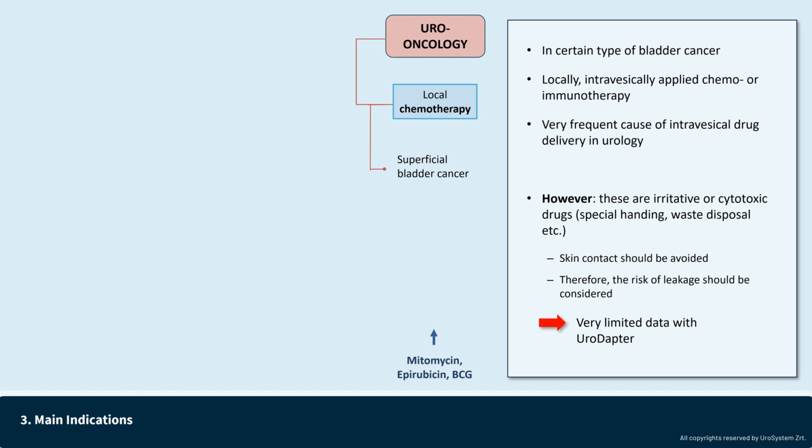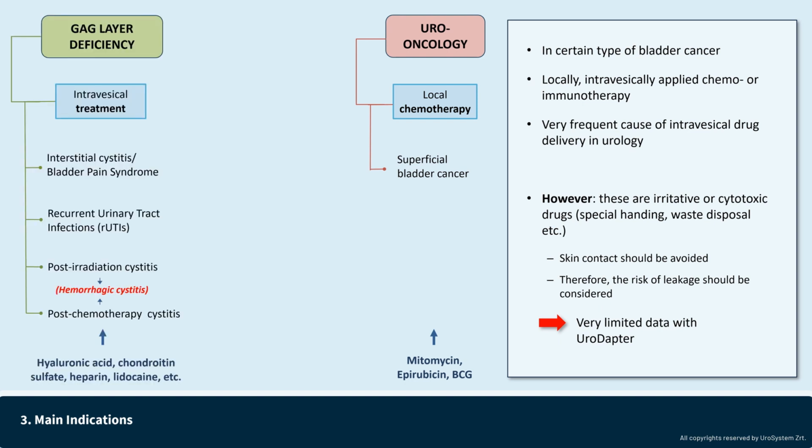When we talk about the use of UroDapter related to different oncological indications, there is room for some possible confusion. Therefore, I would like to quickly show the ganglion deficiency group again. Please note that in the ganglion deficiency group, we previously discussed post-irradiation and post-chemotherapy cystitis.